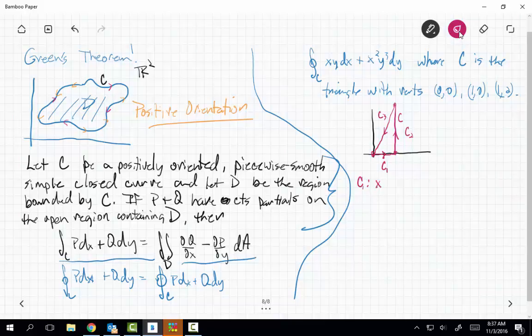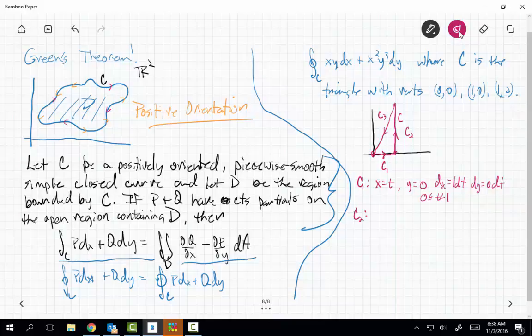So I'm going to let x equal t. I'm going to let y equal 0, right, because it stays 0 the whole time. dx is equal to 1 dt. dy is equal to 0 dt. And I know this is going to be for t between 0 and 1, right? That's easy enough.